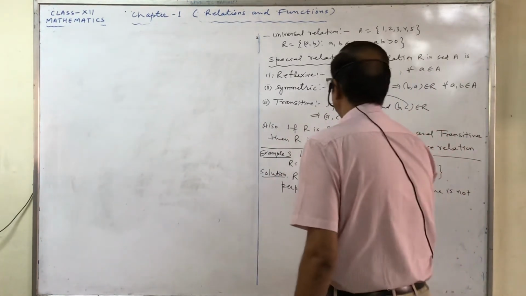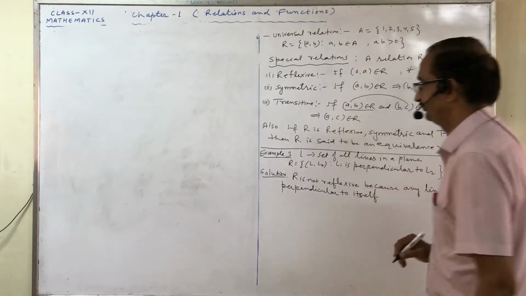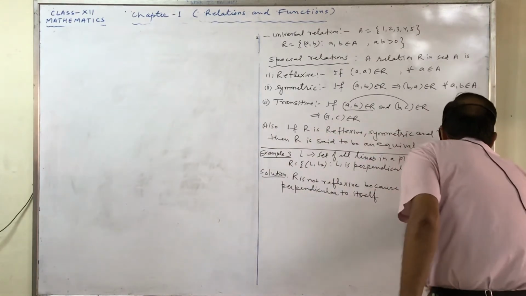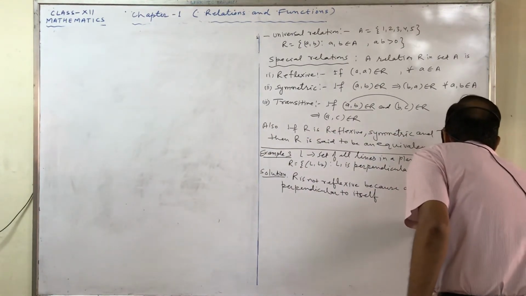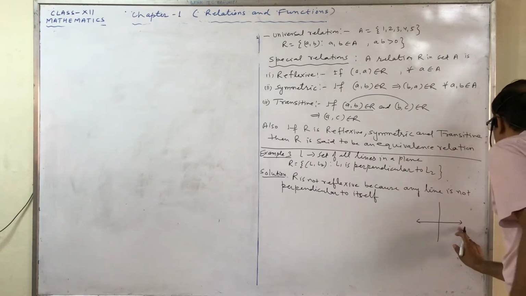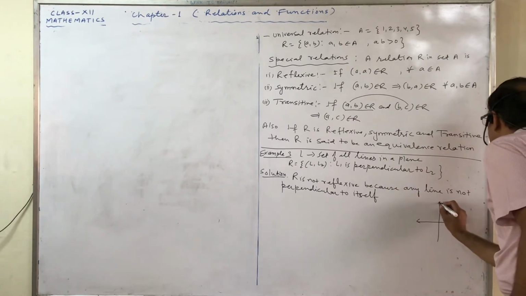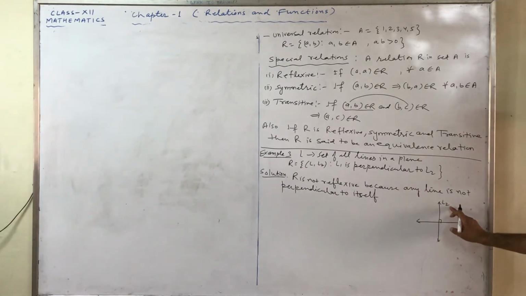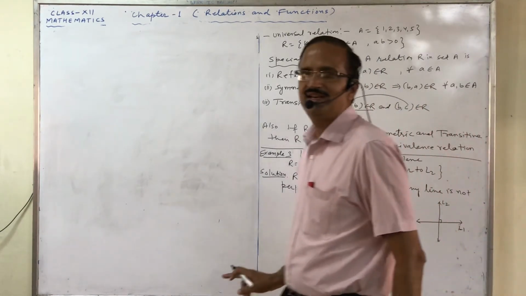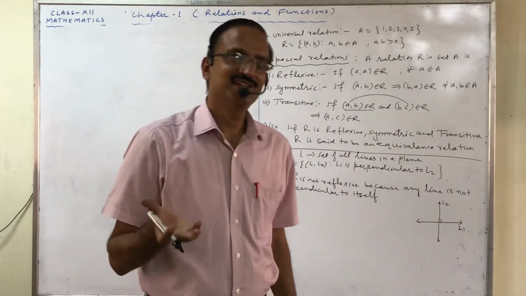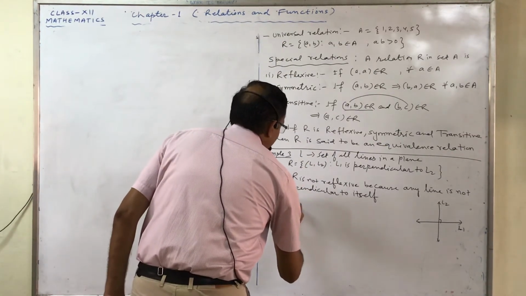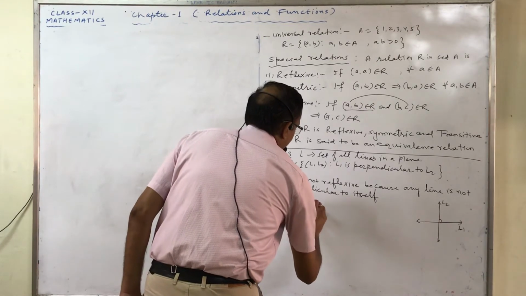Okay? Now check symmetry. Suppose this is line L1 and this is line L2. If L1 is perpendicular to L2, then obviously L2 is also perpendicular to L1. It means the relation R is symmetric.